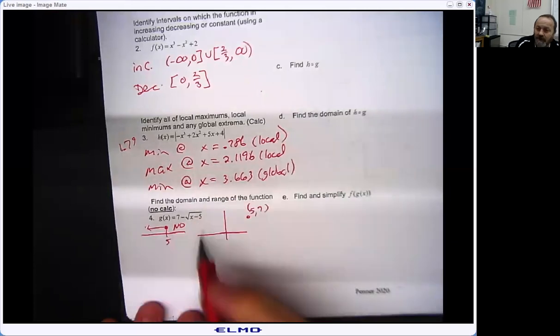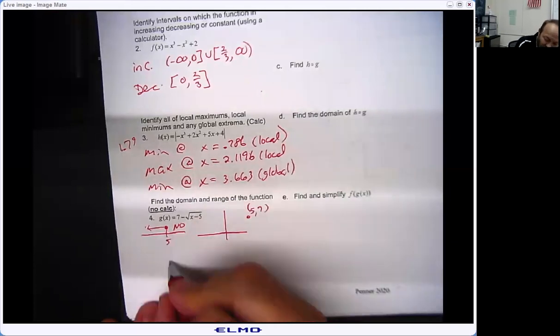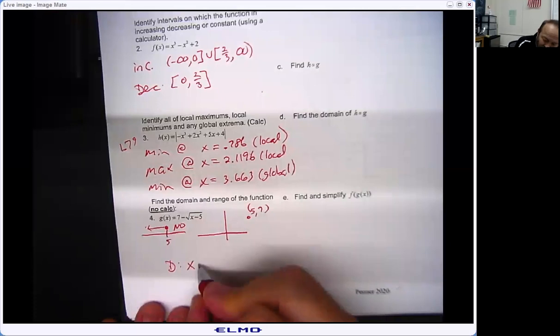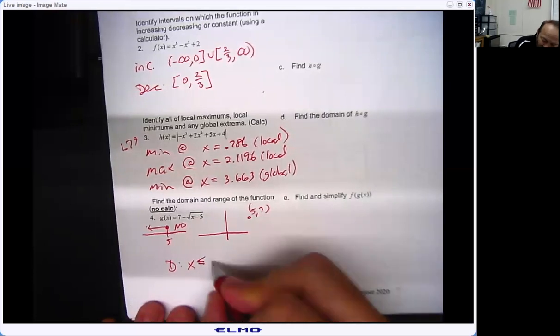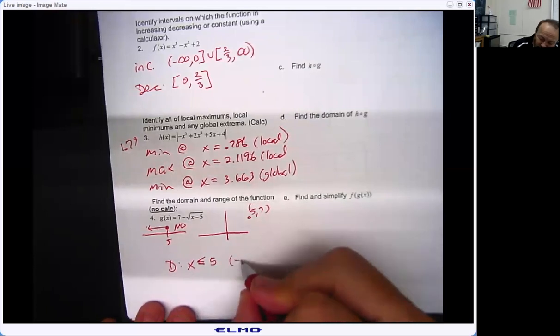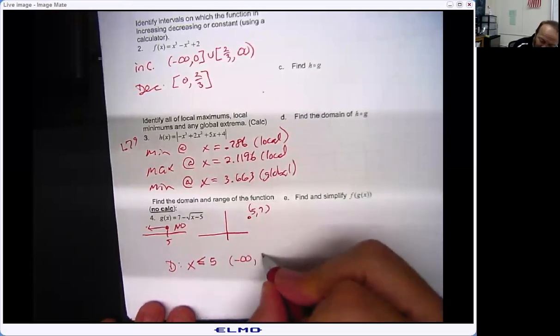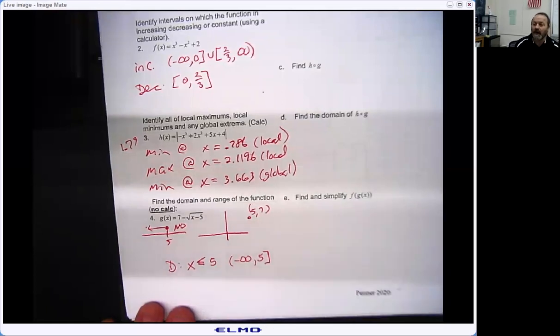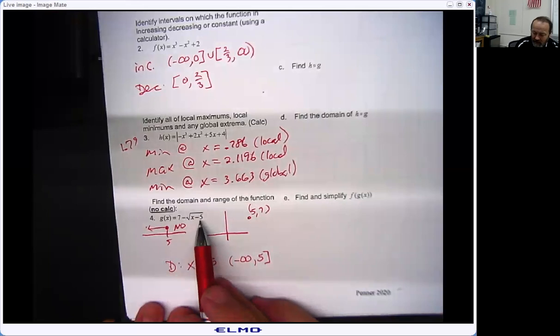So in terms of finding my domain, any value is fair game for x that is below or equal to 5. If we chose to write it in interval notation, we could have said from negative infinity to positive 5. That would be acceptable as well. Now, what happens as x gets smaller and smaller and smaller?